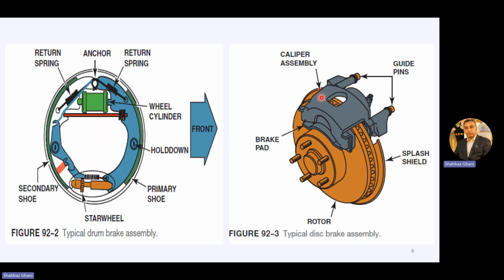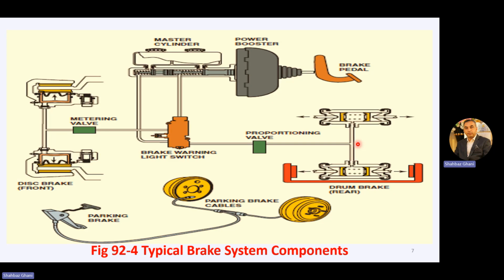Hydraulic pressure is applied to this caliper assembly, and this caliper assembly moves, and the brake pads come in contact with the rotor assembly, and they try to stop that rotor assembly from moving with the help of the friction lining material on the brake pads. So this is how the disc brake works.